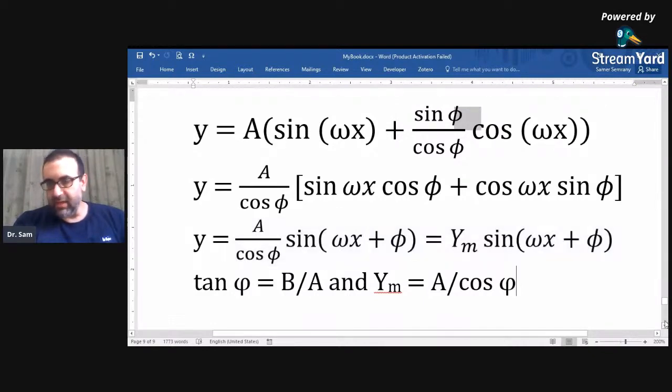So they have their application in physics. So these two forms are identical.